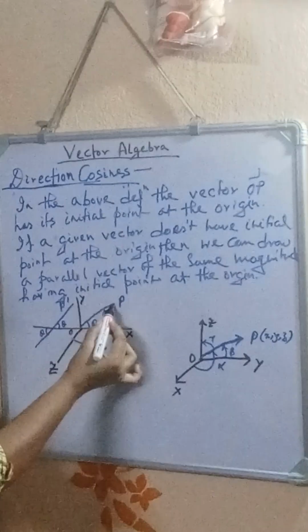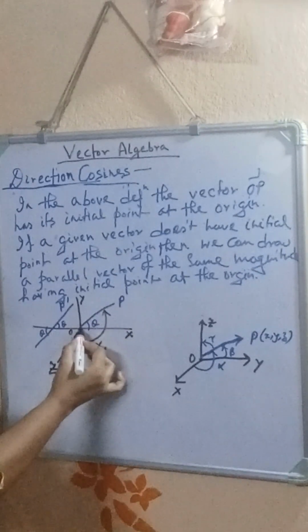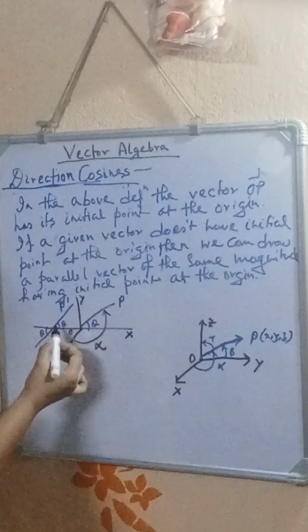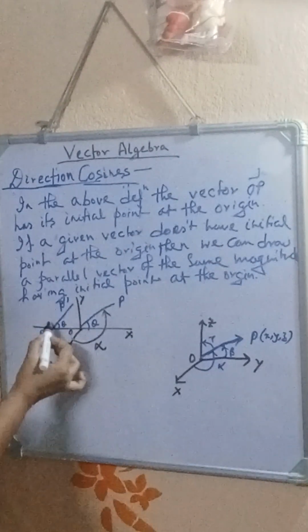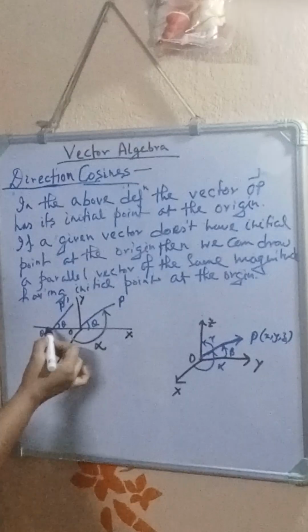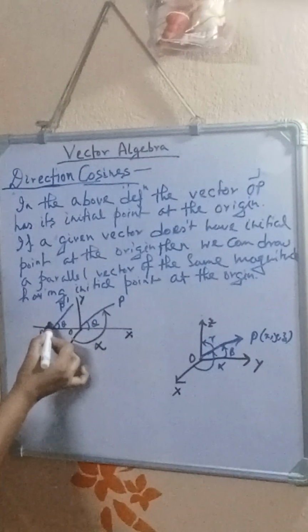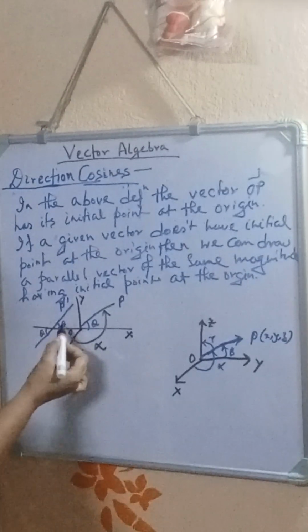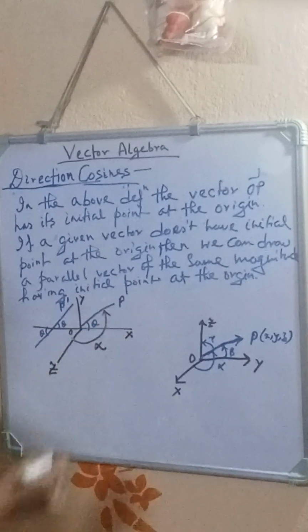Here OP is the vector that has initial point O, and another vector is P dash, that is parallel to the OP vector.